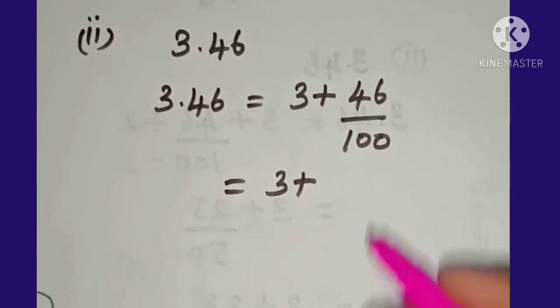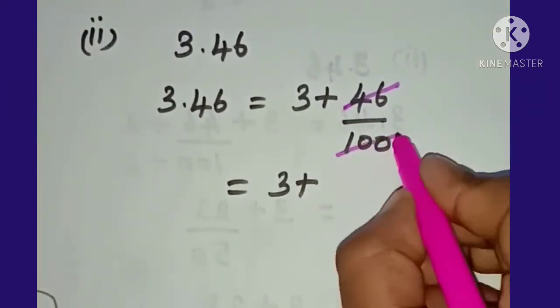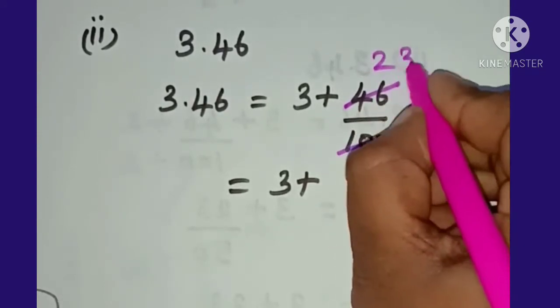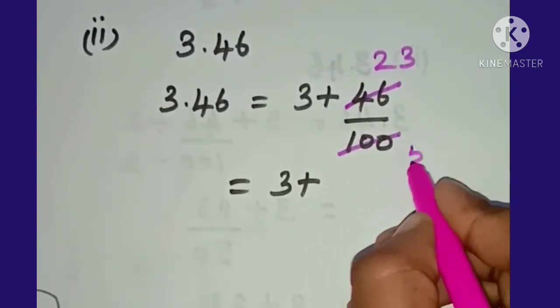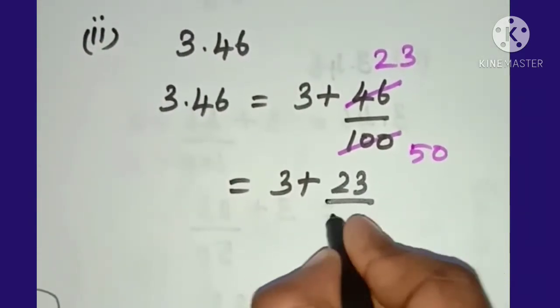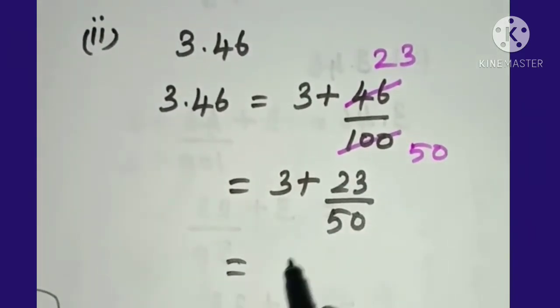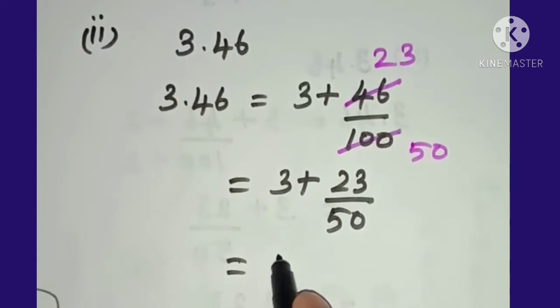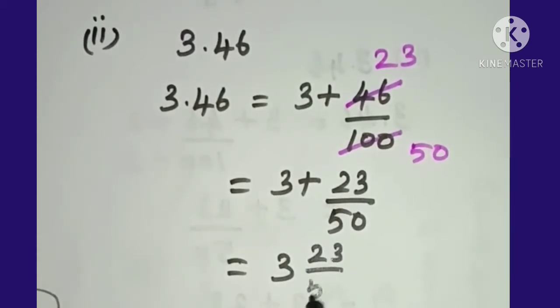When we cancel 46 and 100 by using the 2 table, we get 23 and here it is 50. So that is 23 by 50. Now, here the whole number and the proper fraction can be written as a mixed number, 3 as the whole number and the proper fraction.